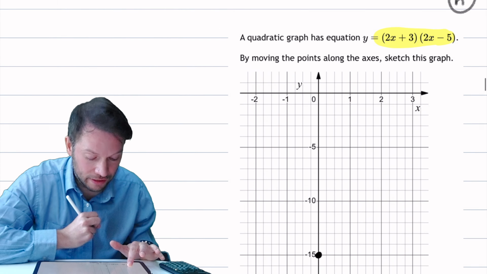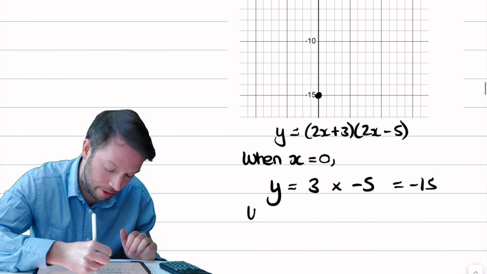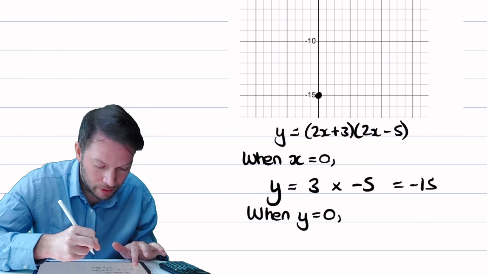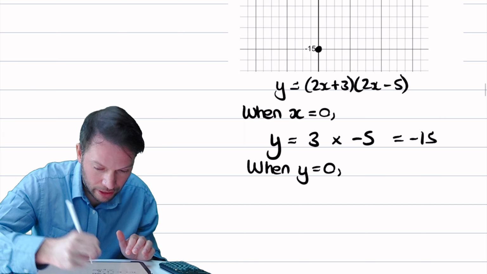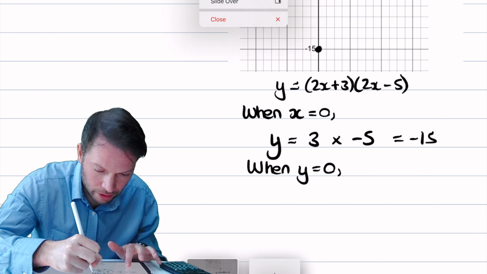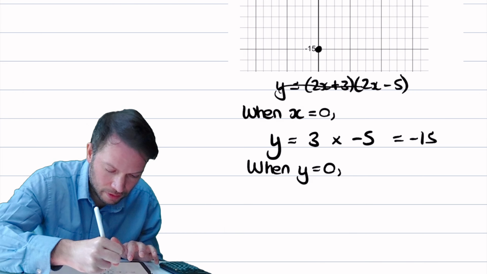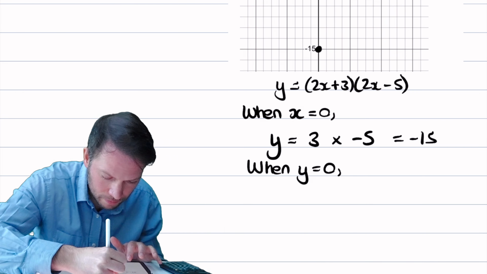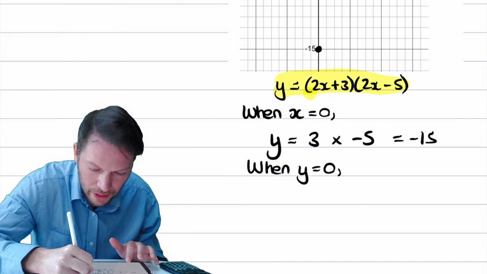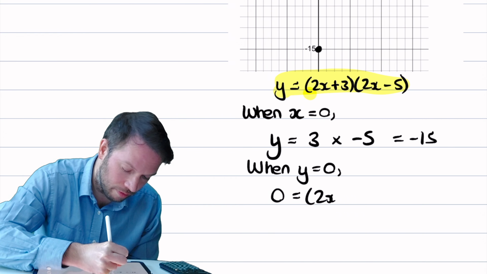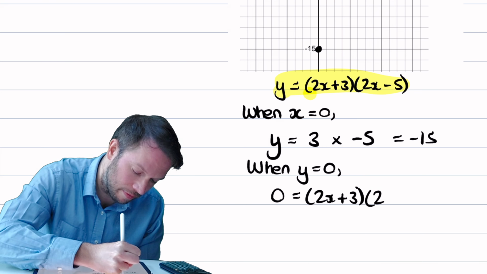What about the x-intercepts? Well, that's when y is 0. So when y is 0, if we make y 0 in this here, then we've got 0 equals 2x plus 3 times 2x minus 5.